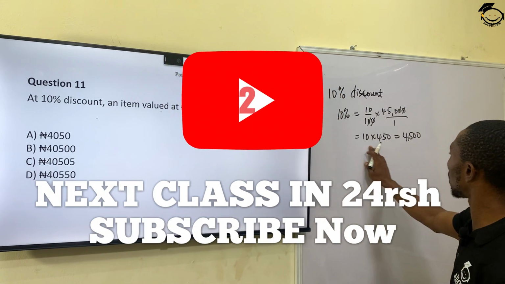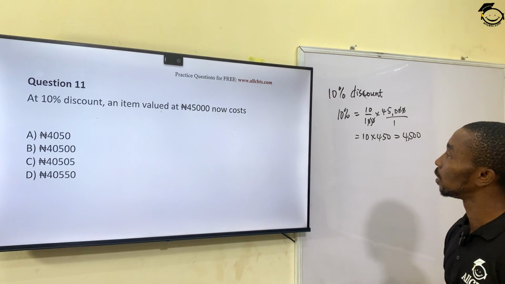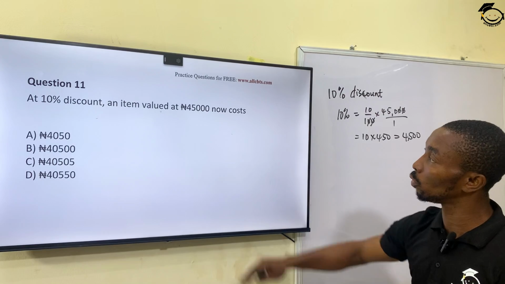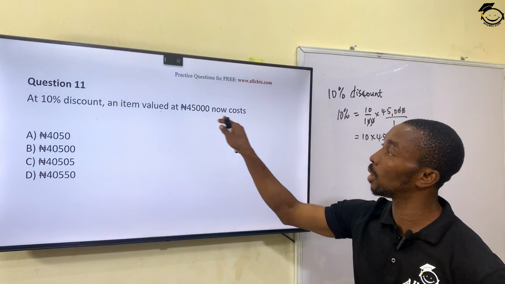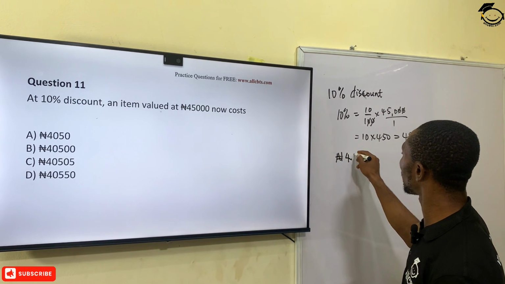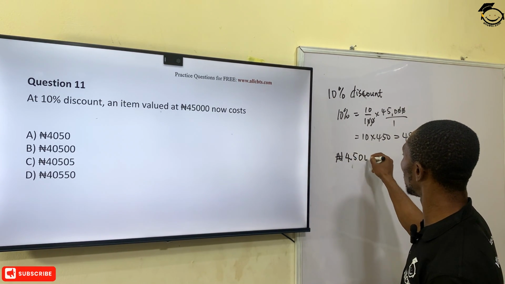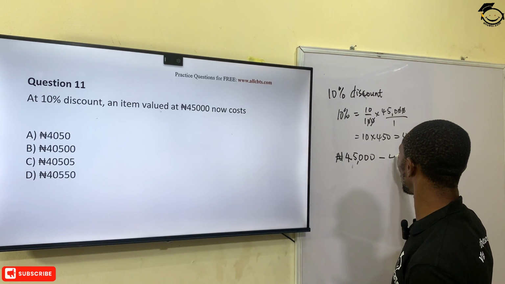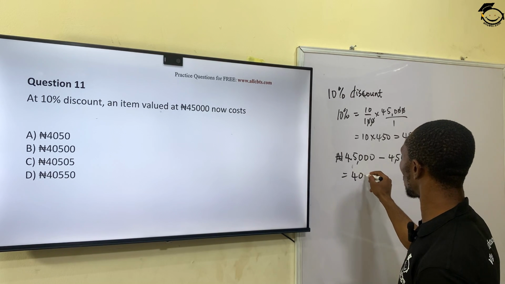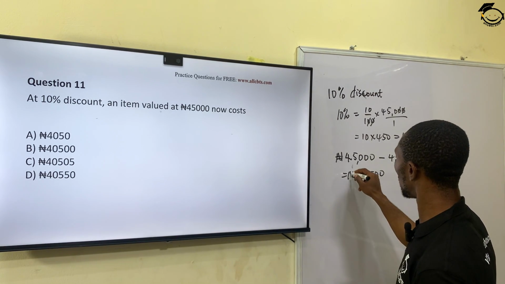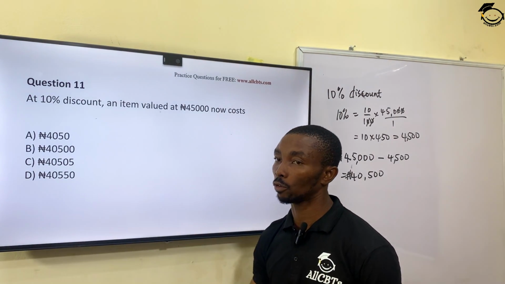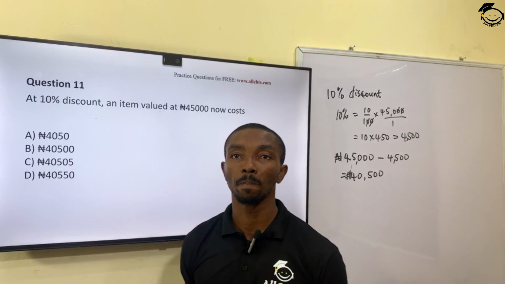So our 10% discount will be 4,500. Now, discount is the amount being removed or deducted from the original amount. So for us to find the amount paid now, the new cost will become 45,000 minus our discount, which is 4,500. That will give us 40,500 as the new cost. So the new cost will become 40,500, which is option B.